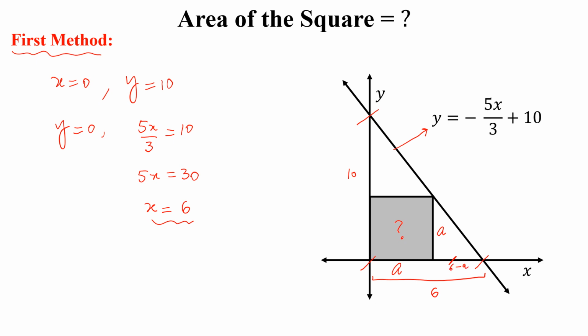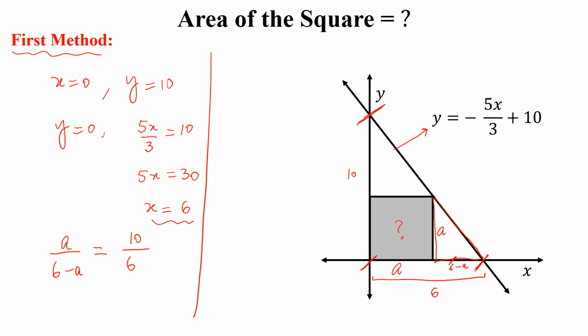Now if we look at this large triangle and this small triangle, these two triangles are similar. If they are similar, we can write a divided by 6 minus a equal to 10 divided by 6.